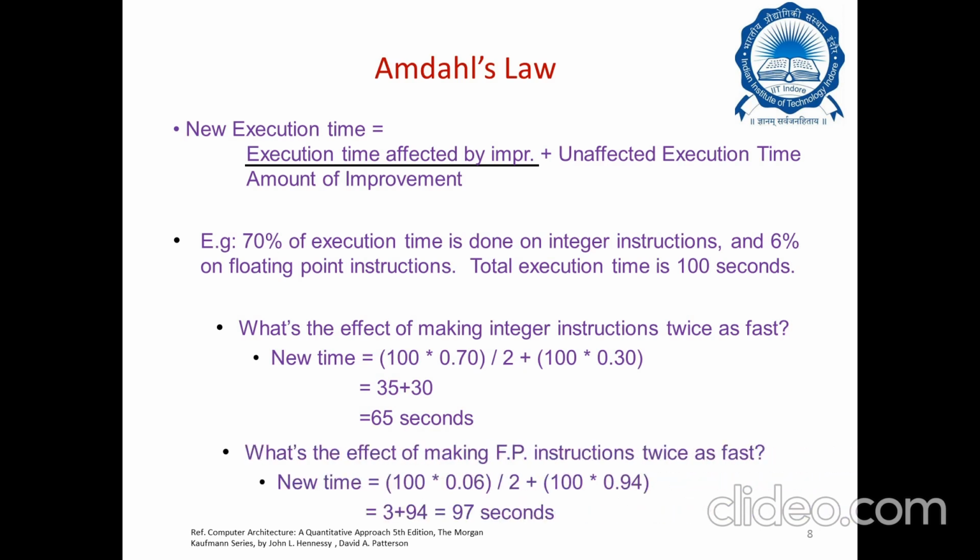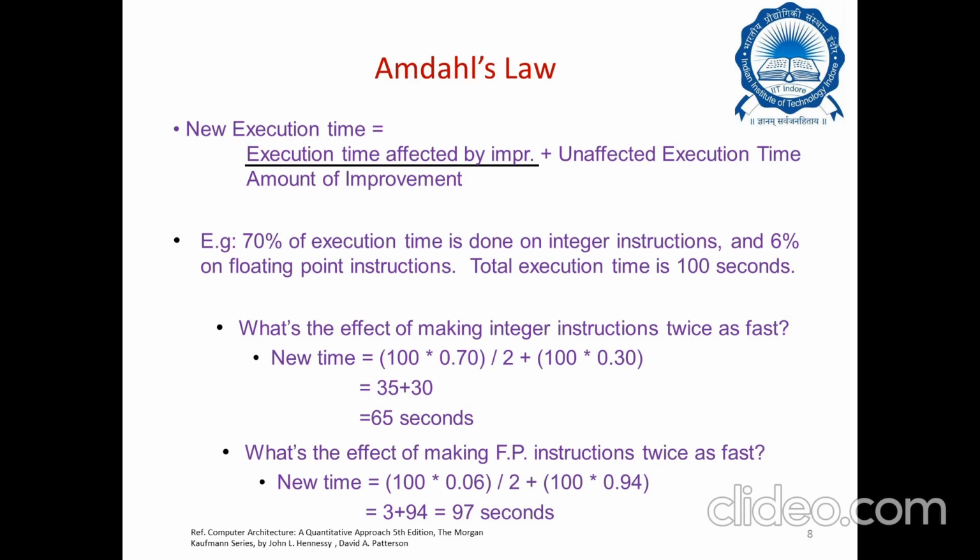Similarly, what is the effect of making the floating point instructions twice as fast? Again, the execution time affected by improvement will be 100 times 0.06, because that's the percentage of time that is spent on floating point instructions. 6% of the execution time is spent on that, so 6% of the number, which is 100 basically, divided by, again we wanted to make it twice as fast, so the amount of improvement is 2, plus the amount of time unaffected, which now becomes 94%.